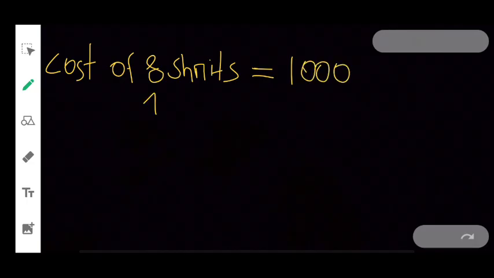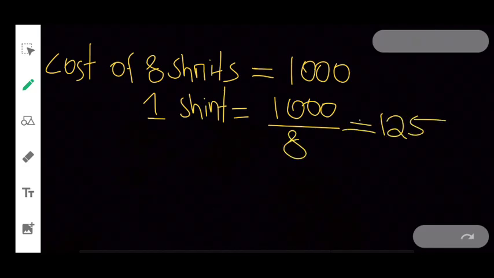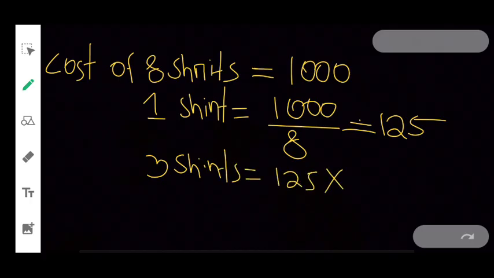Now the cost of 1 shirt equals 1000 divided by 8, that is 125 rupees. Okay, so the cost of 3 shirts equals 125 multiplied by 3.